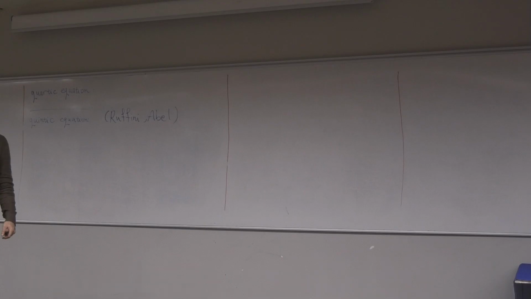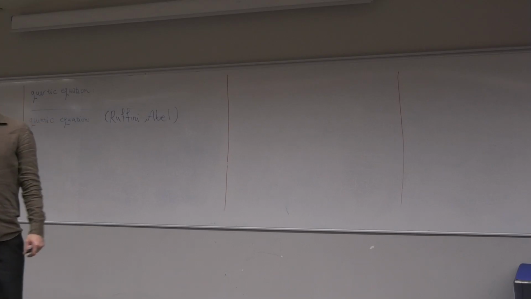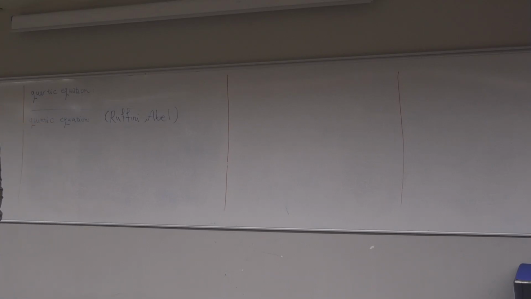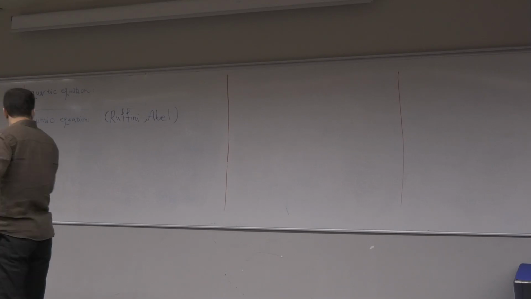Okay? What about higher degree equations? If you have an equation of degree n for n greater than or equal to 6 or 5, can we find solutions for their roots in terms of radicals?